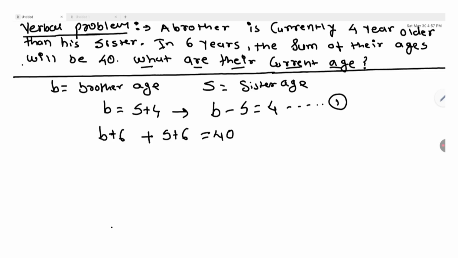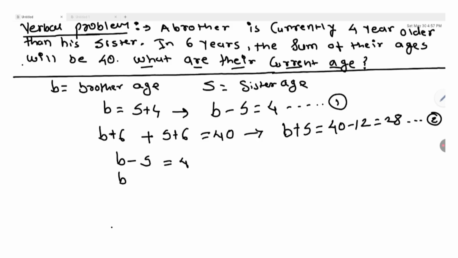So again, you separate the variables towards the left hand side and the scalar quantity towards the right hand side, which will be like this: B plus S. Okay, 6 plus 6, 12 goes to the right hand side, which is 40 minus 12, which equals 28, which is equation number 2. So if I write it together, B minus S equals 4 and B plus S equals 28.